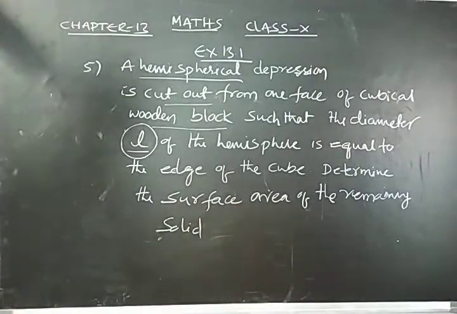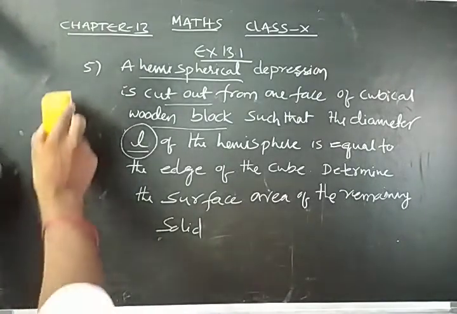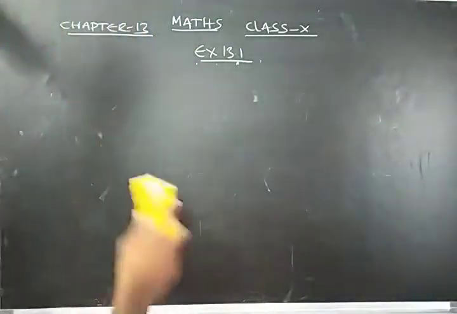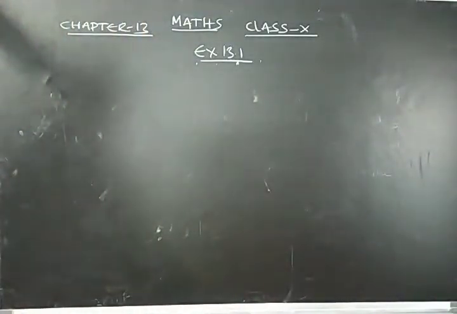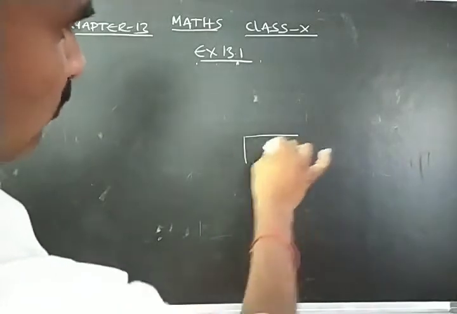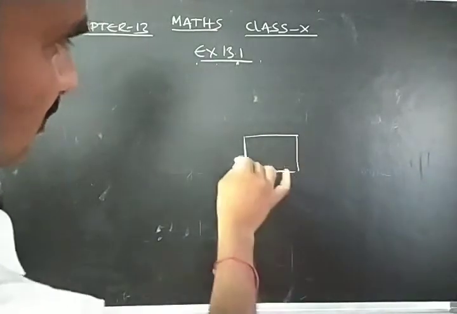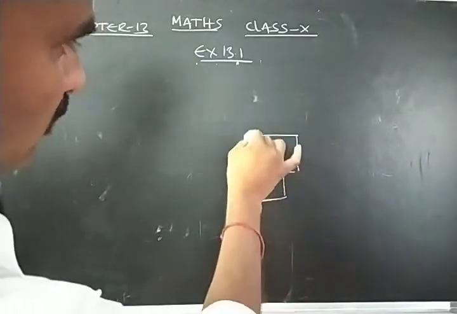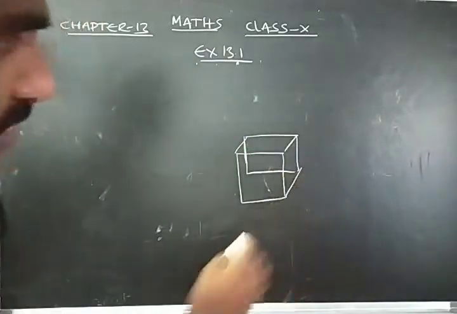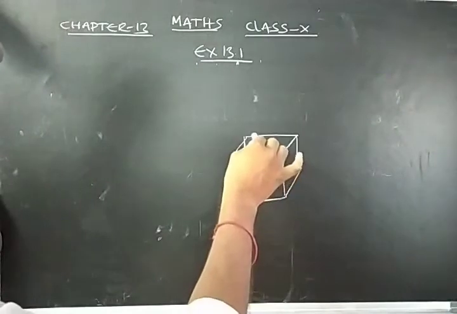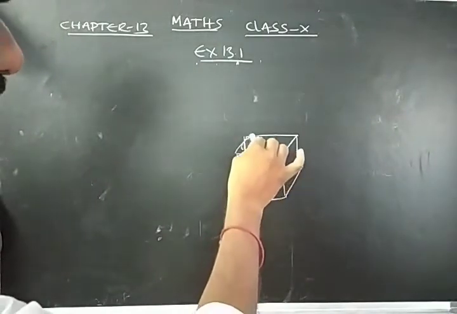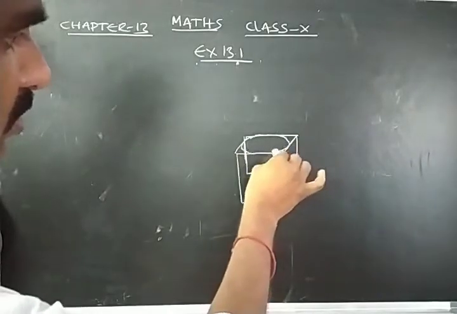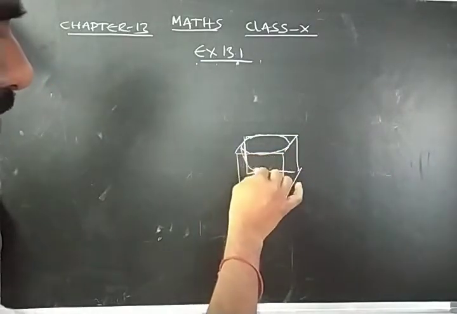According to the question, I will draw the figure, and after that we are going to solve the problem. This is one cubical wooden block. From this block, we are removing a hemispherical part from one face of the cube, like this.